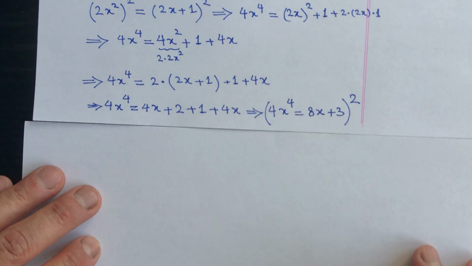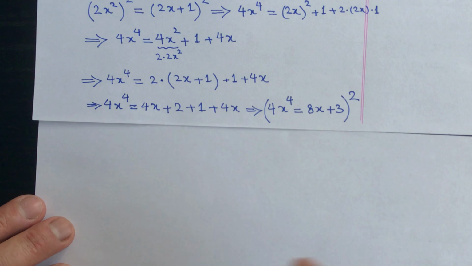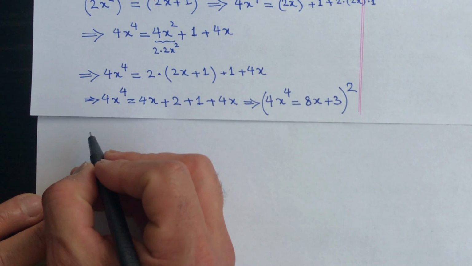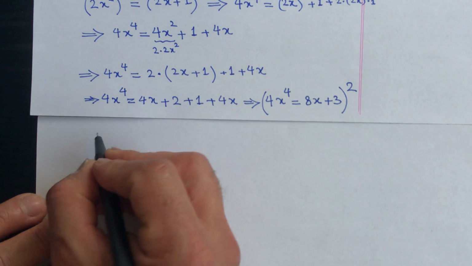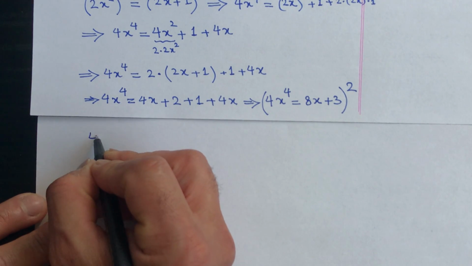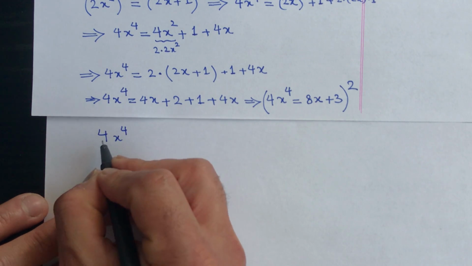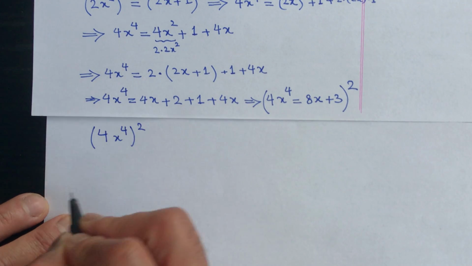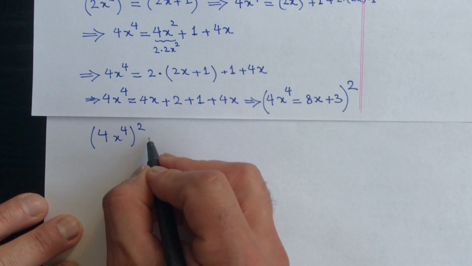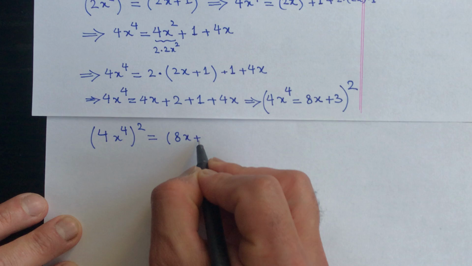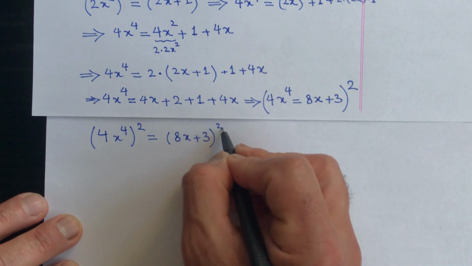Now here, by raising this equation to the power of 2, then 4x⁴ to the power of 2 equals (8x plus 3) to the power of 2.